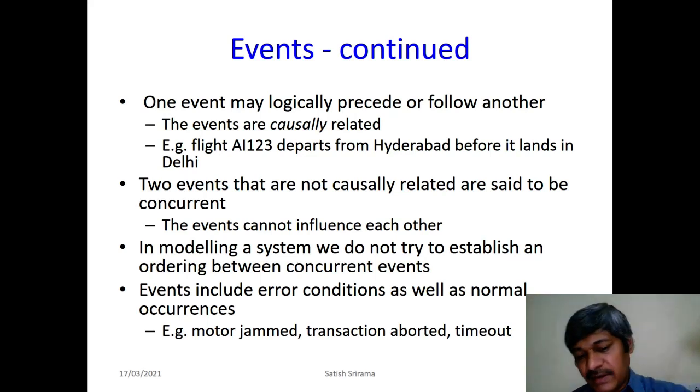But it is an event that occurred, and based on that you have to do something, which we will not worry about at this moment. Even a transaction aborted is an event. A timeout, even though it's an error, is an event which happened. So try to know that difference. Events may also include these sort of error conditions.